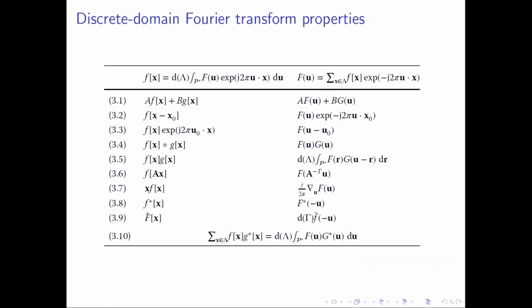The discrete domain Fourier transform, as just defined, satisfies all the properties of the usual one-dimensional discrete time Fourier transform, as shown in this table. Some are more involved than in the one-dimensional case, for example scaling by a non-singular matrix, or those involving a gradient. And the book explains all these properties and provides several examples.